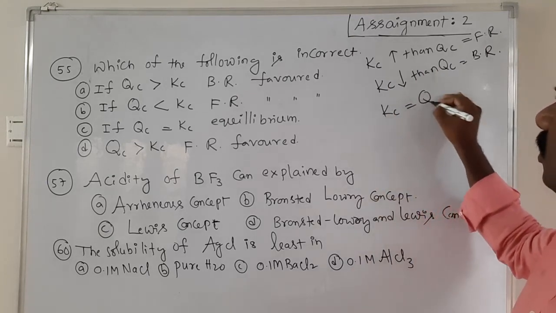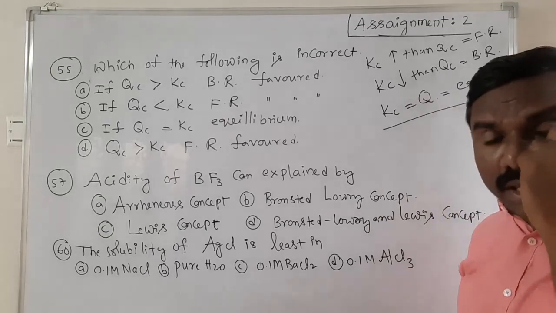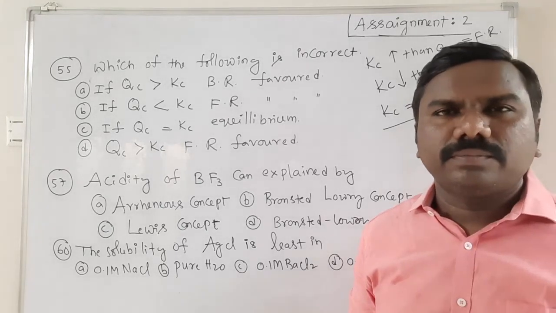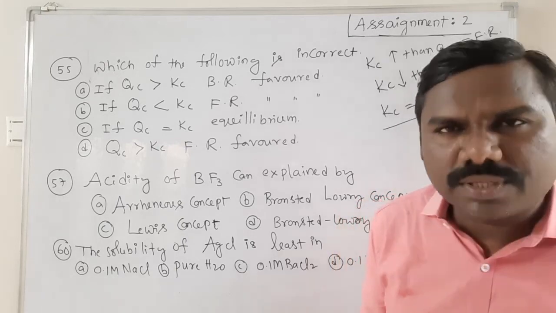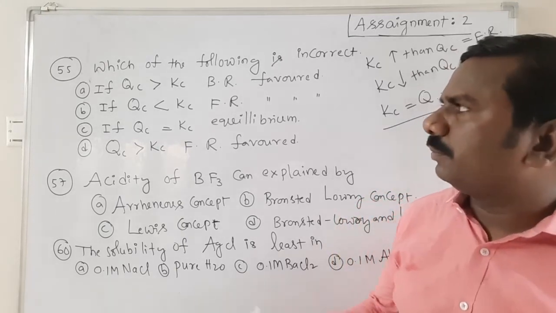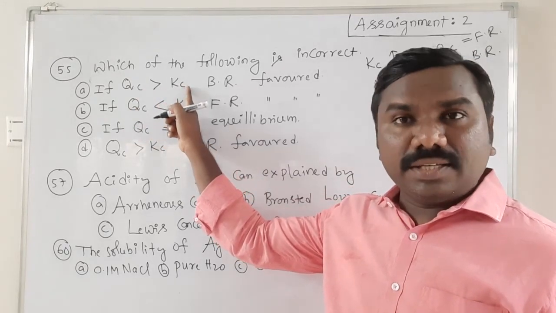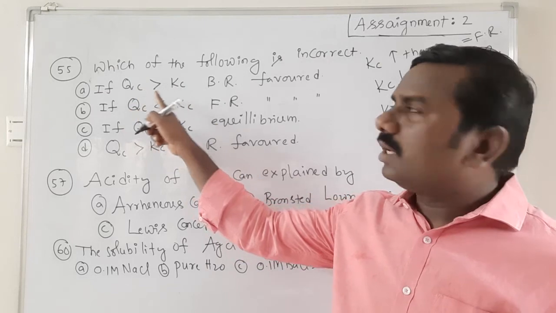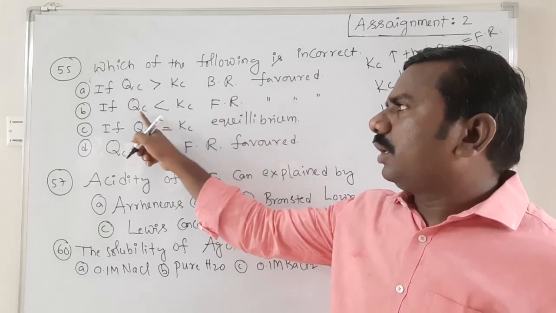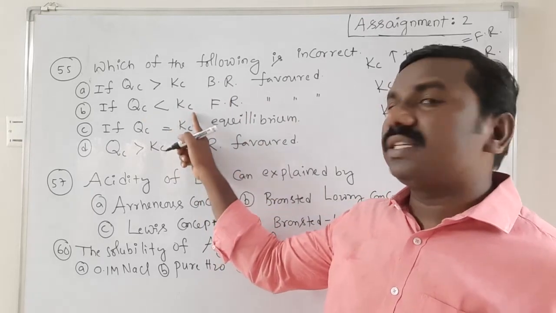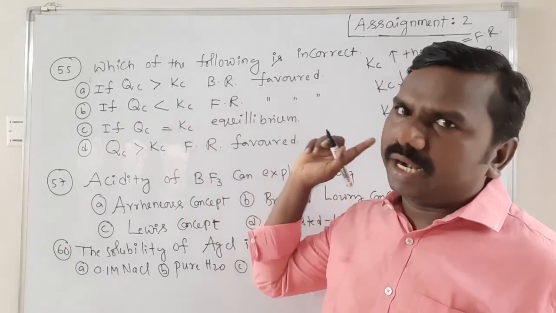Kc is equal to Qc, then the system is at equilibrium. Kc higher forward, Kc lower backward, Kc equal to Qc is equilibrium. Now Qc greater than Kc is nothing but Kc less than Qc. Kc less than Qc means backward reaction, correct? Qc less than Kc is nothing but Kc greater than Qc. Kc higher, forward reaction, correct?